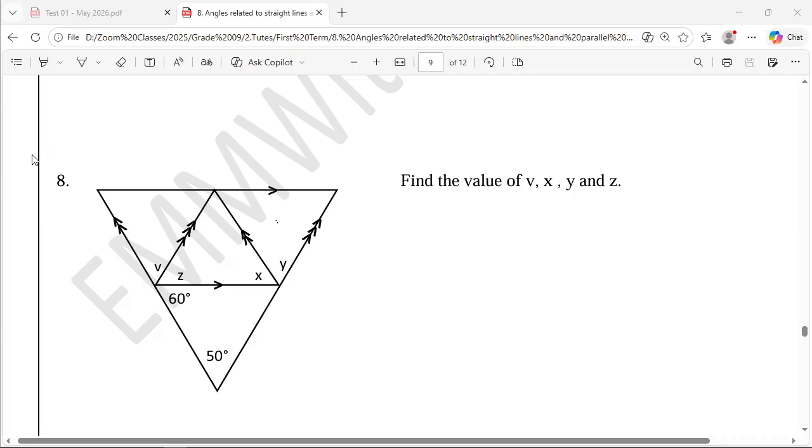Find the value of v, x, y, and z. You have to think a little bit.